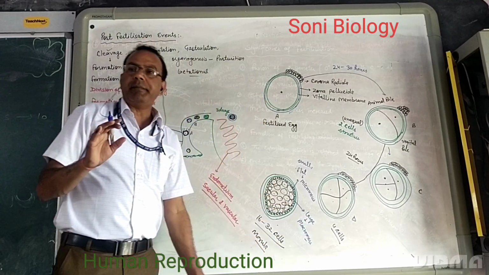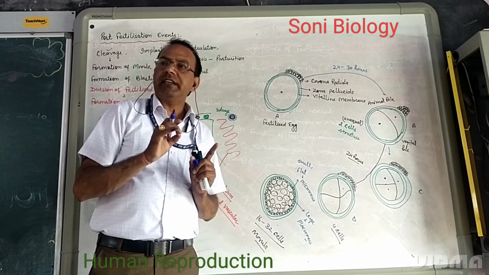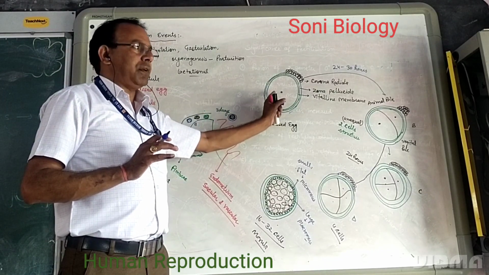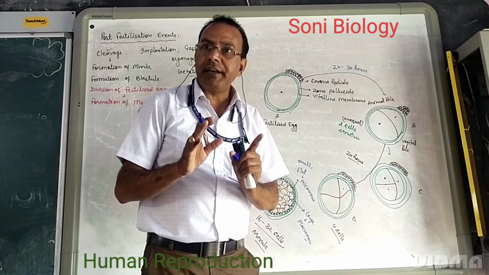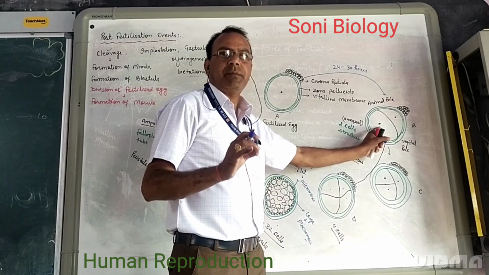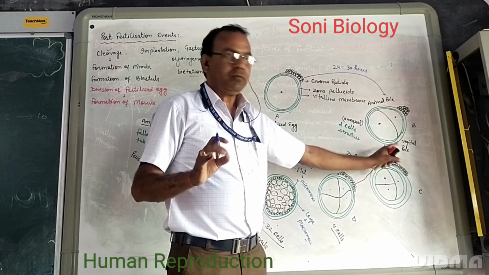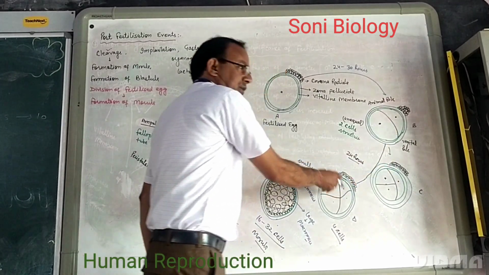First of all, what do you mean by cleavage? Division of the cell is called cleavage. Firstly, 24 hours after the fertilized egg forms, it divides into two unequal cells. The whole cytoplasm divides from animal pole to vegetal pole. After this, the three cell structure and the 4 cell structure can form.